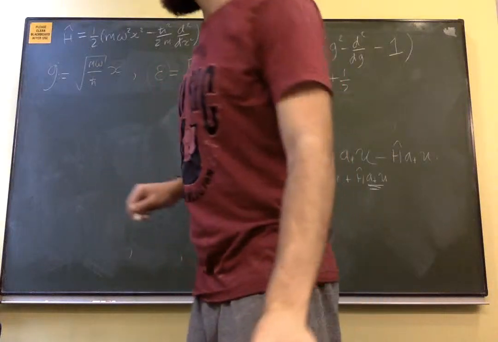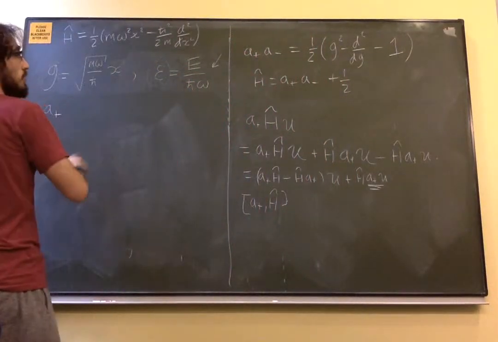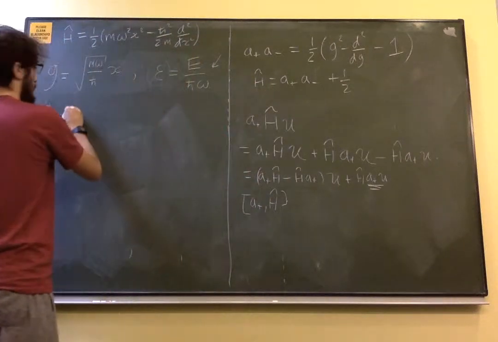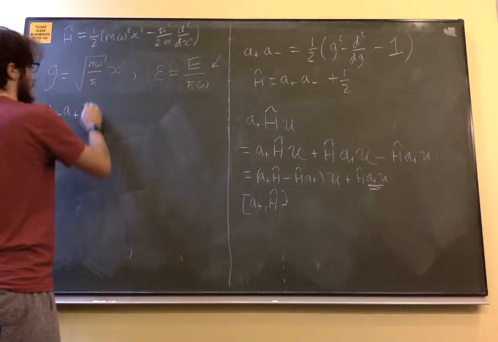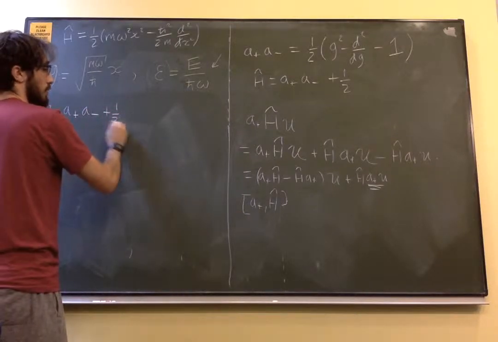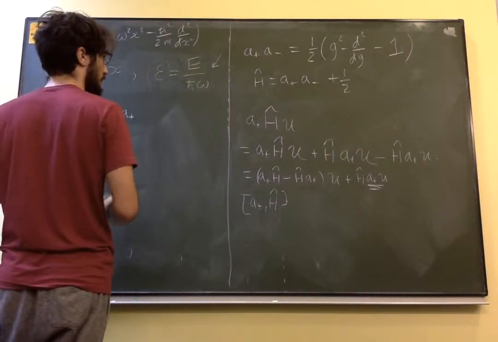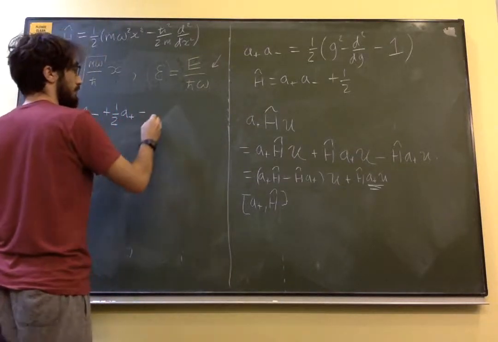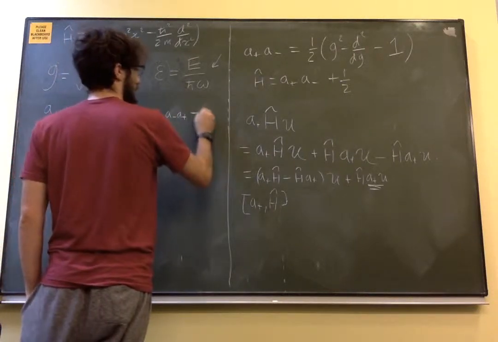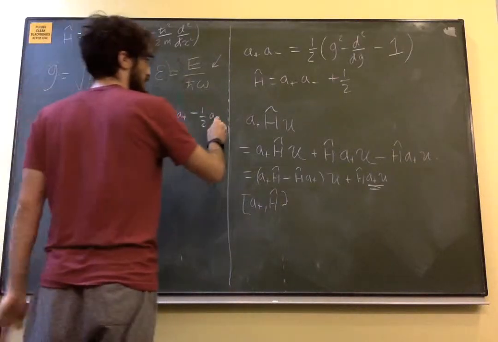So h we have an expression for: a plus a minus plus a half a plus, minus a plus a minus a plus minus a half a plus, all of this acting on u.